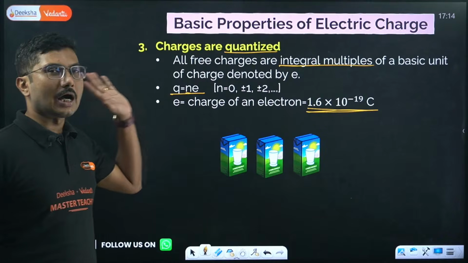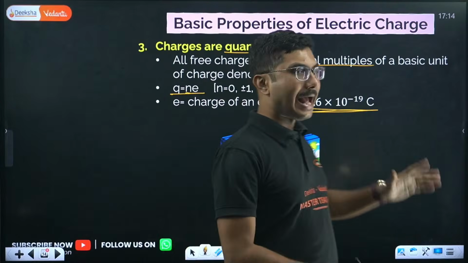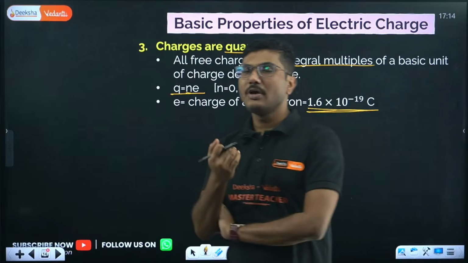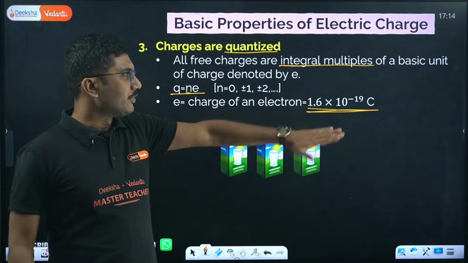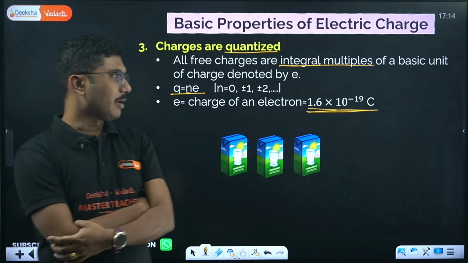Integer itself is a set, so instead of integer we use the term integral multiple. So all charge can be written as an integral multiple of small e. Small e is the charge of an electron, which is 1.6 × 10^-19.